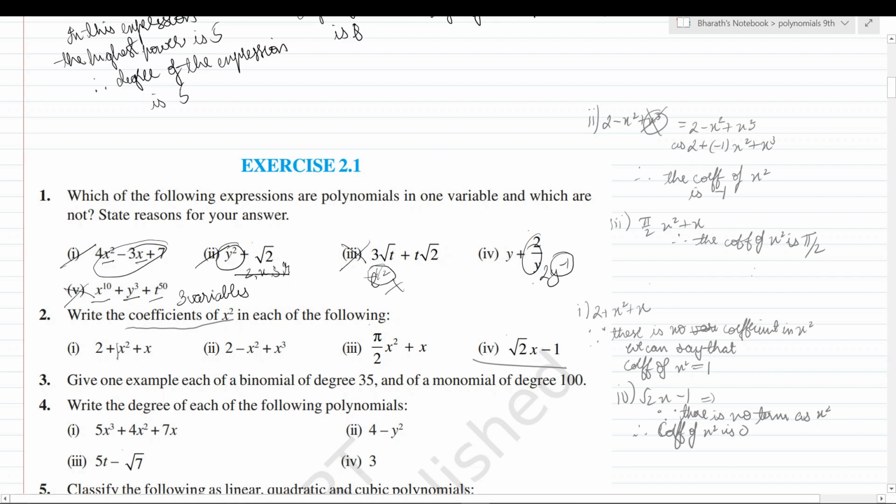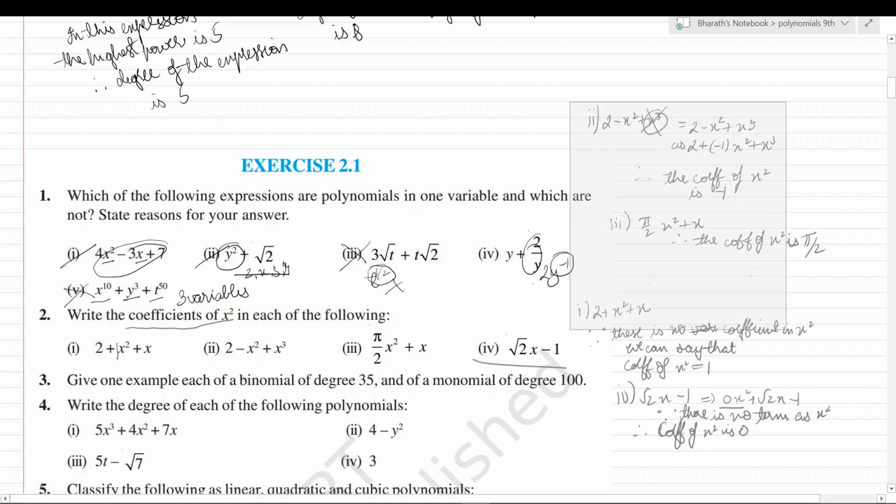We can rewrite this as 0 x power 2 plus root 2 x minus 1. Here the coefficient of x square is 0. Therefore the coefficient of x square in this question is 0.